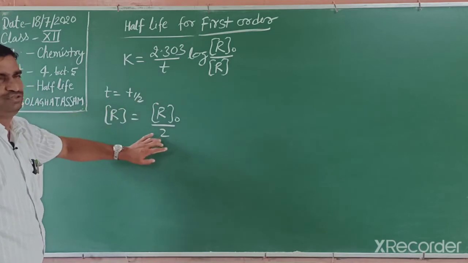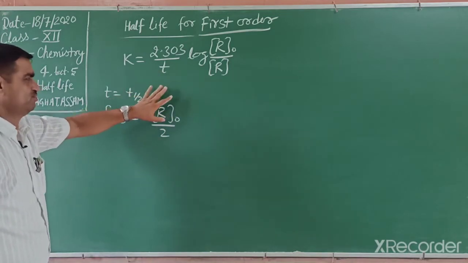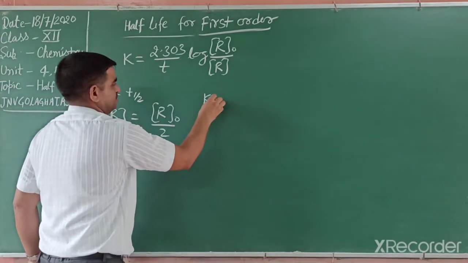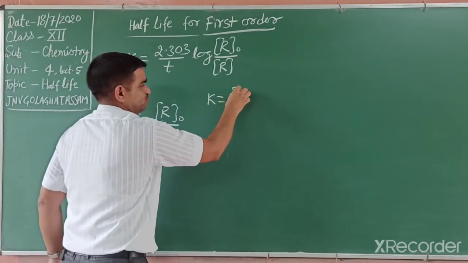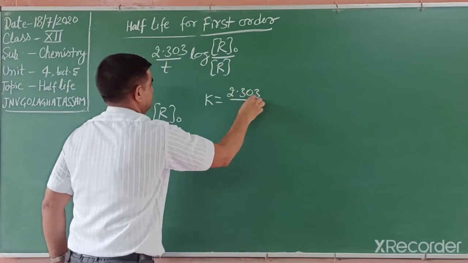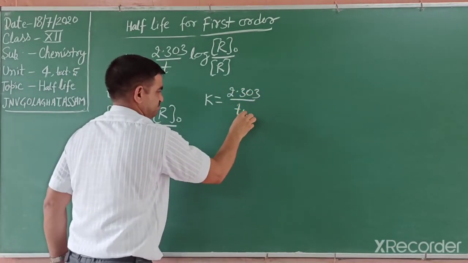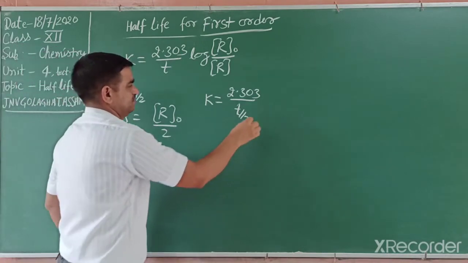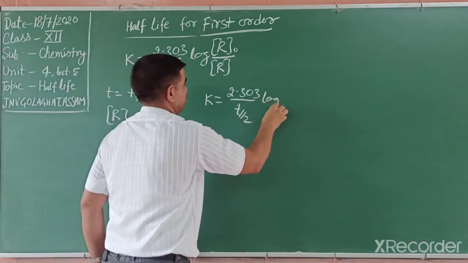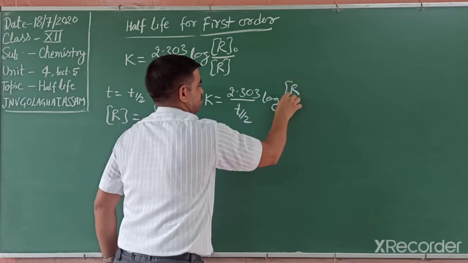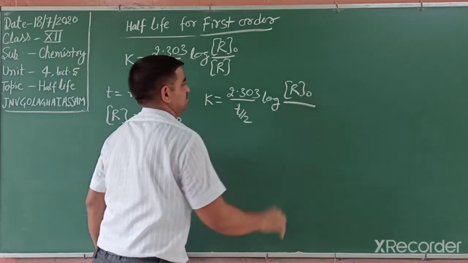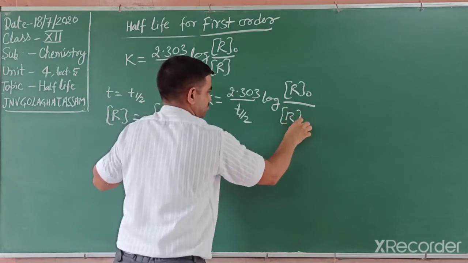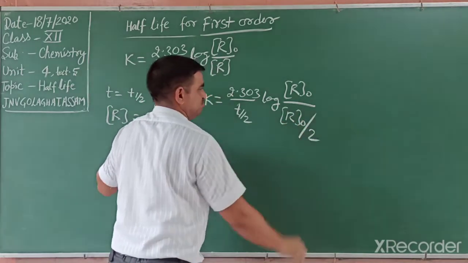We substitute this value in the first order equation. So k is equal to 2.303 divided by t half, log R naught, the initial concentration, divided by R naught by 2.